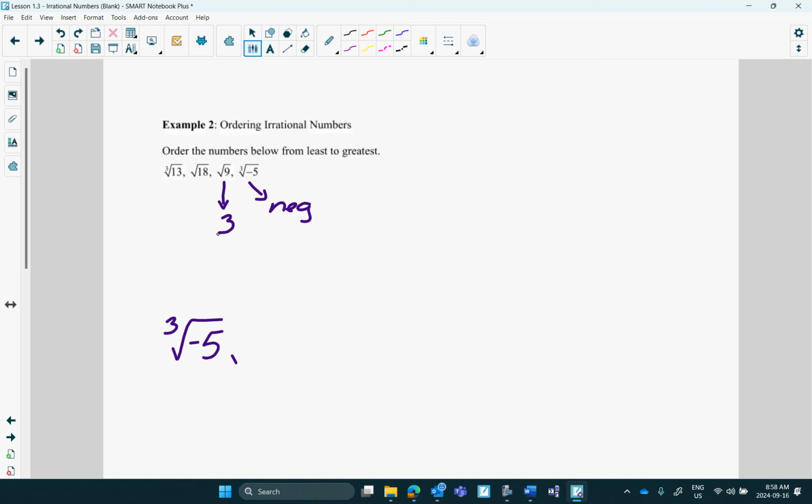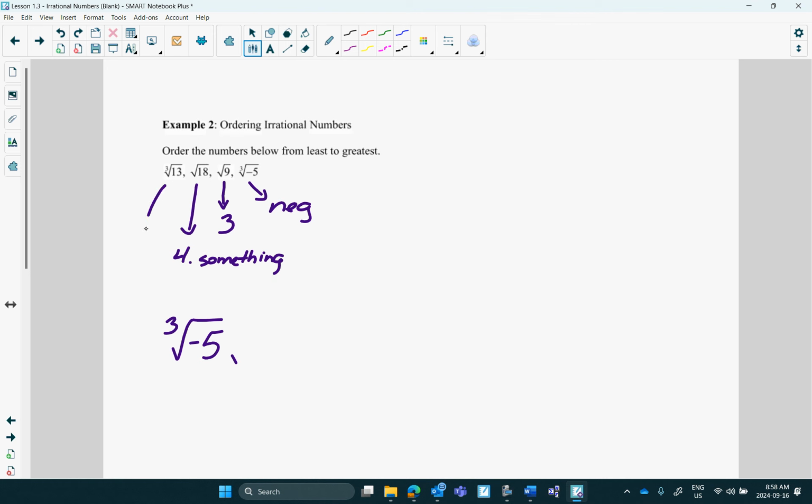What's the square root of 16? What's the square root of 18? Well, probably a little bigger, but 4 point something. So I know that this is smaller than this.